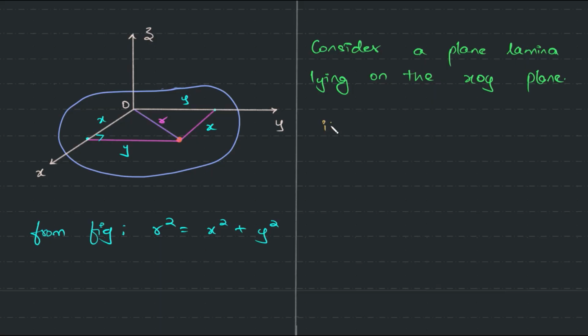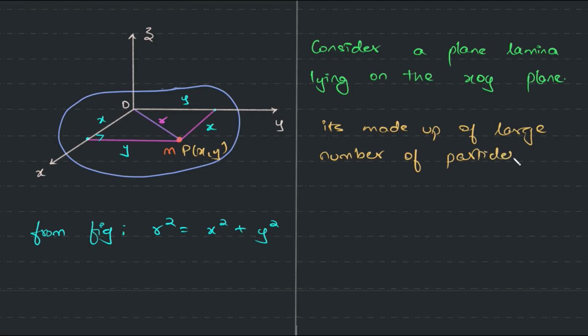So it's made up of a large number of particles, because I started with a particle, right? So this is particle P at x comma y with mass m.